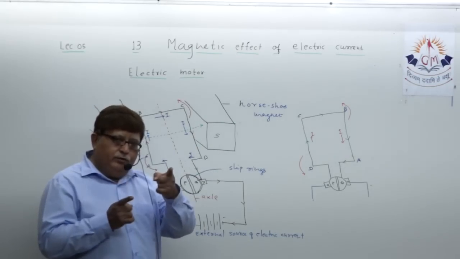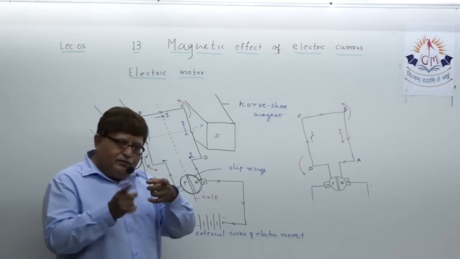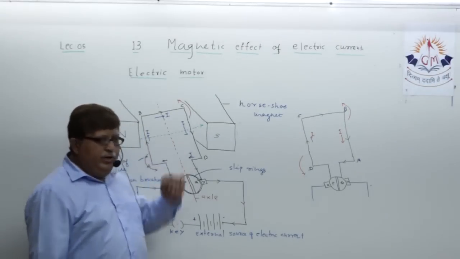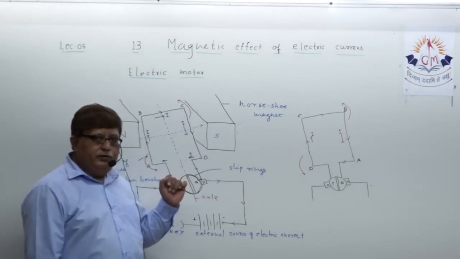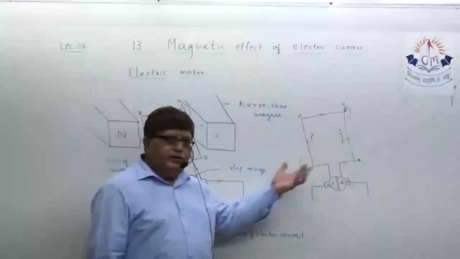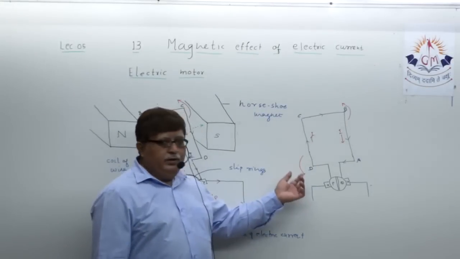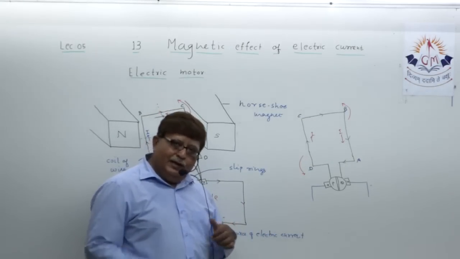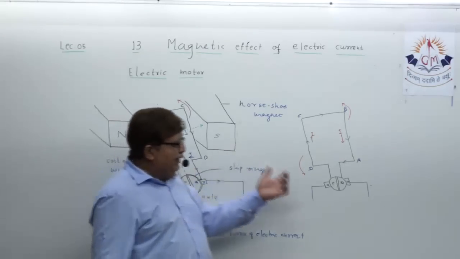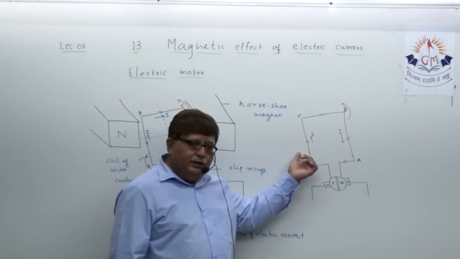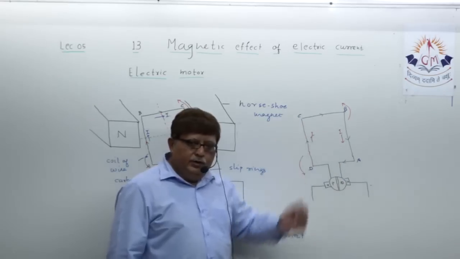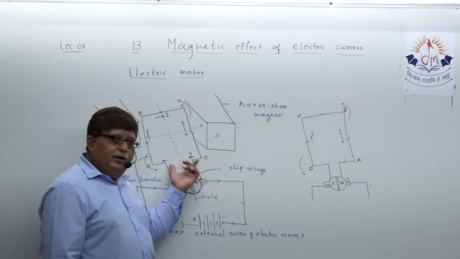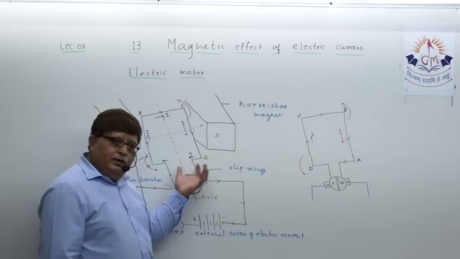Due to this pulling force, a very free pivotal axle arrangement will ensure that the coil rotates by half a rotation. AB comes in place of CD, and CD in place of AB. Now the direction of current is reversing. In CD, it will flow from D to C. In AB, it will flow from B to A. As a result, with the opposite electromagnetic force, now CD will be pulled downward and AB will be pulled upward, and again the half rotation is complete, and the coil returns to its original arrangement.